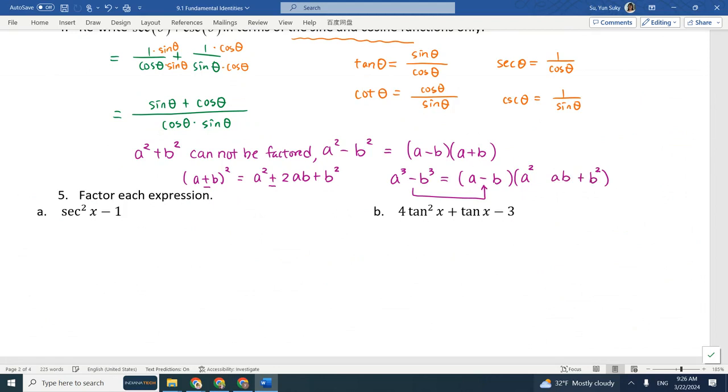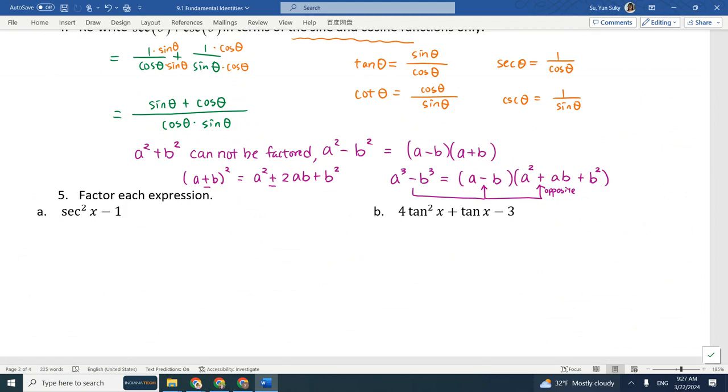And guess what? The middle term, the sign is going to be opposite. So if this is minus, the linear factor has the same sign, it's minus. But in the quadratic factor, the sign will be opposite of that. So this is plus. Is that okay, everybody?